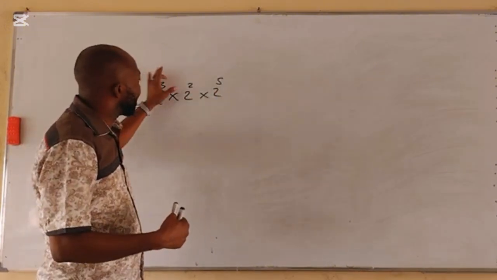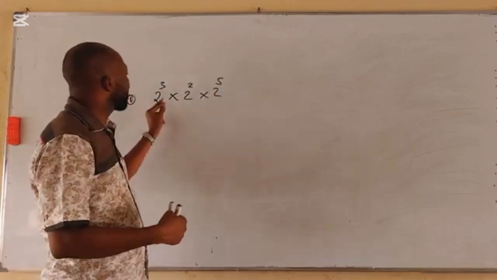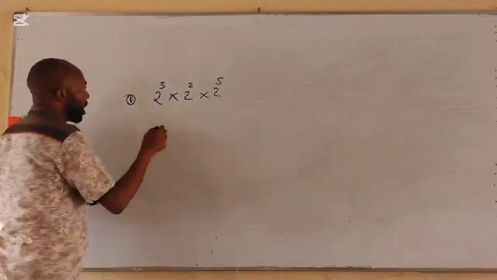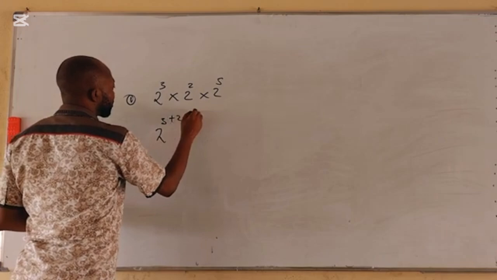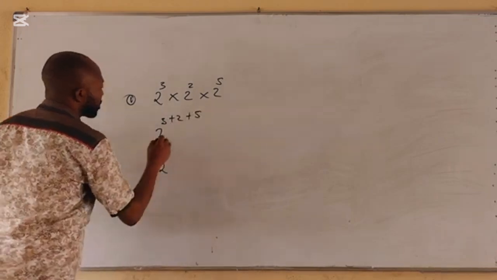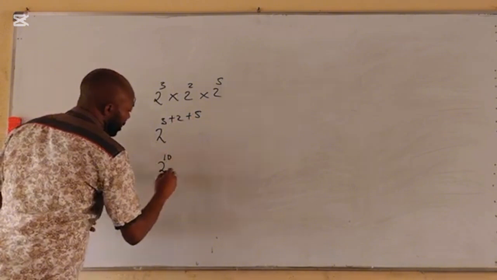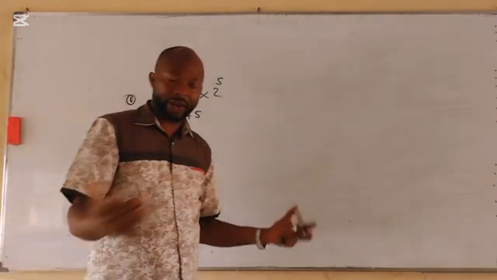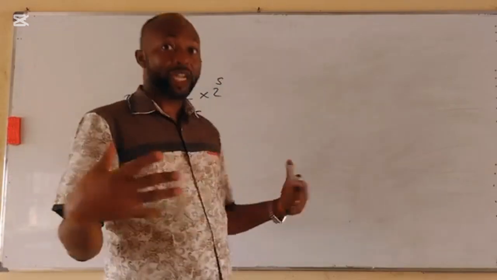Then we will have 2 raised to the power 3 plus 2 plus 5, and this is 2 raised to the power 10 as our answer. So the multiplication law is direct. Whenever you multiply numbers with equal bases, we add the powers.